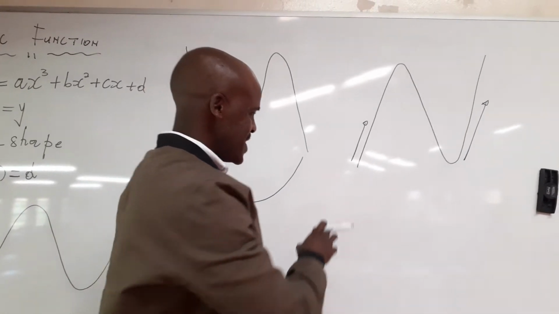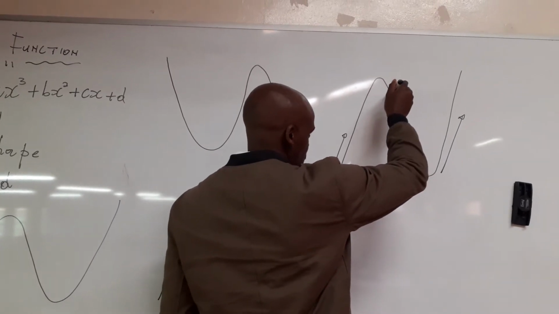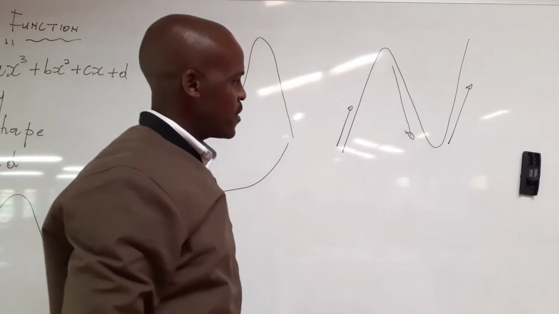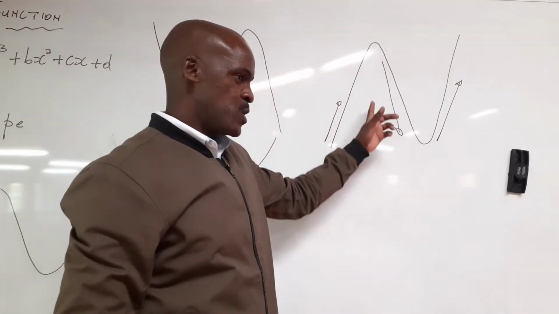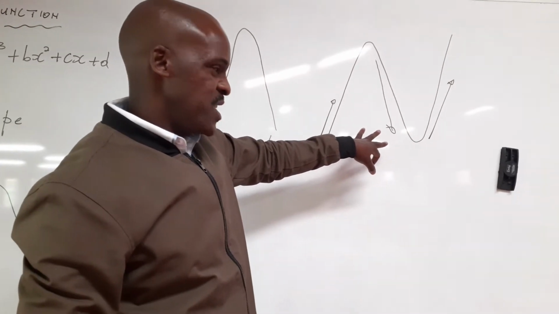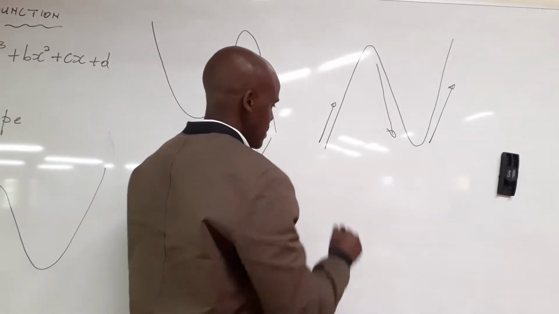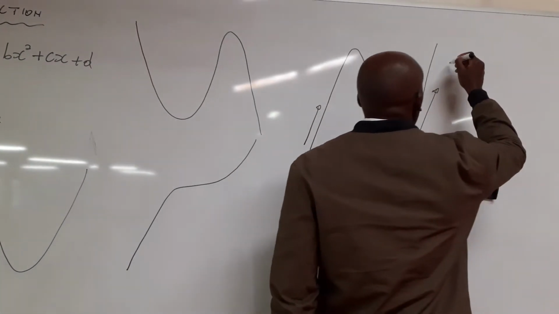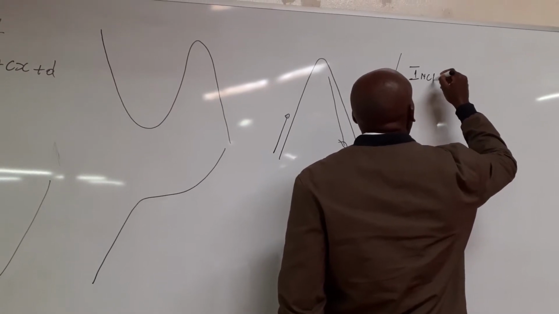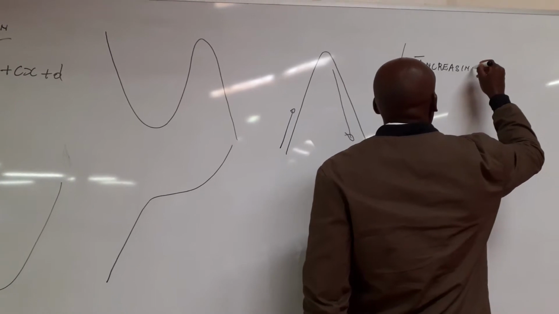That means it is increasing here. This is the only part where the graph goes down. It increased twice, it goes down once. Therefore, we are going to call this function an increasing function, because it increased twice and goes down once.